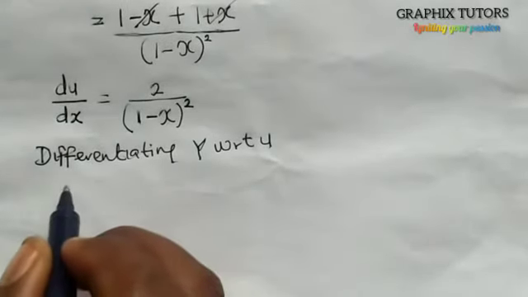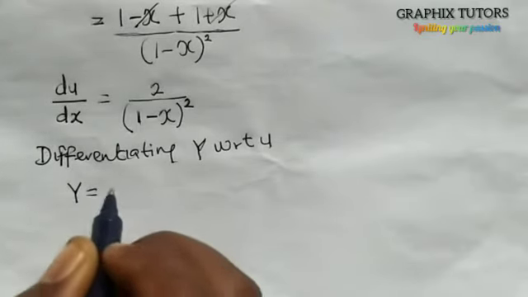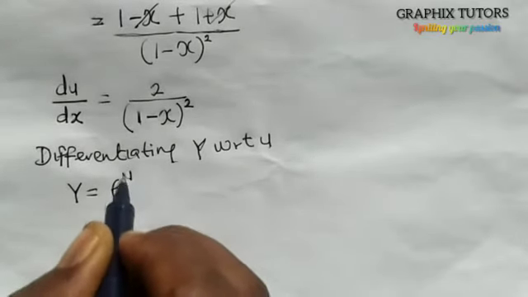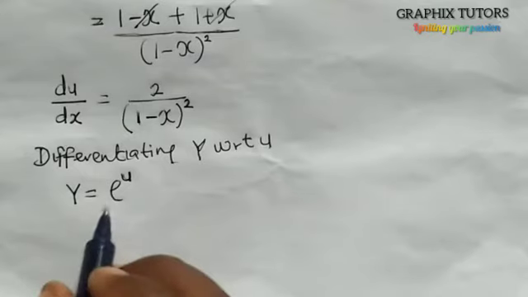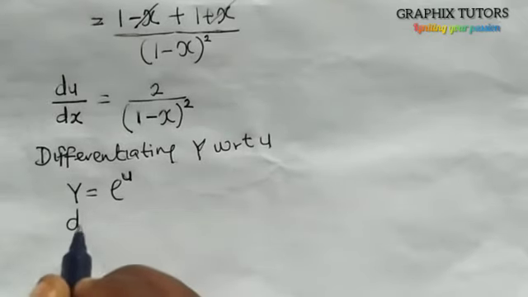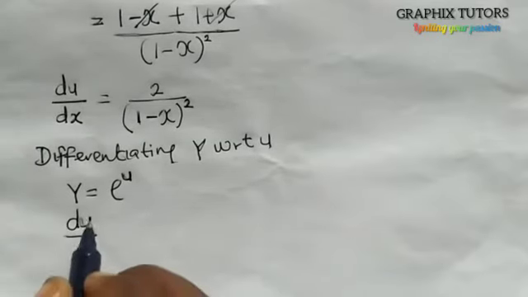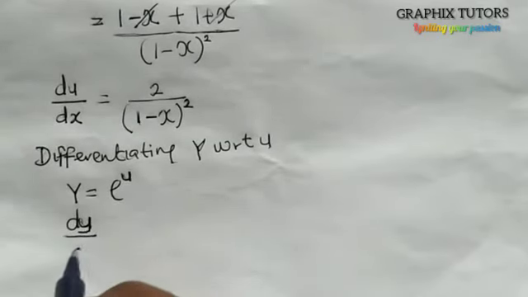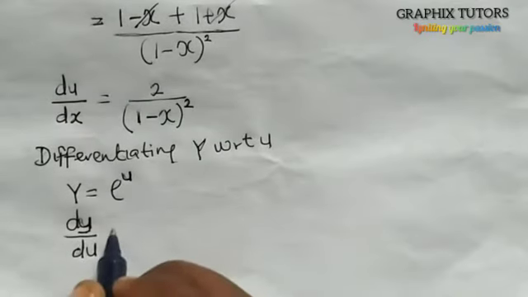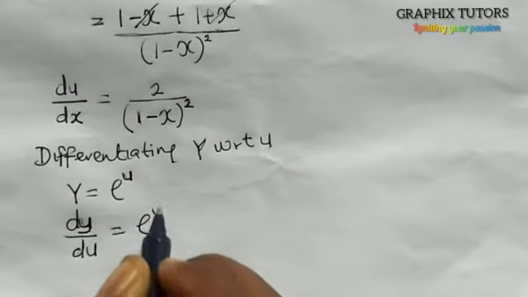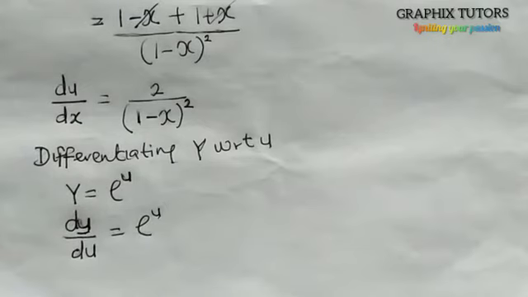So if I differentiate this, my dy over du is going to give me still the same value, e to the u. So whenever you differentiate e to the u, as in exponential u, you also have exponential u.